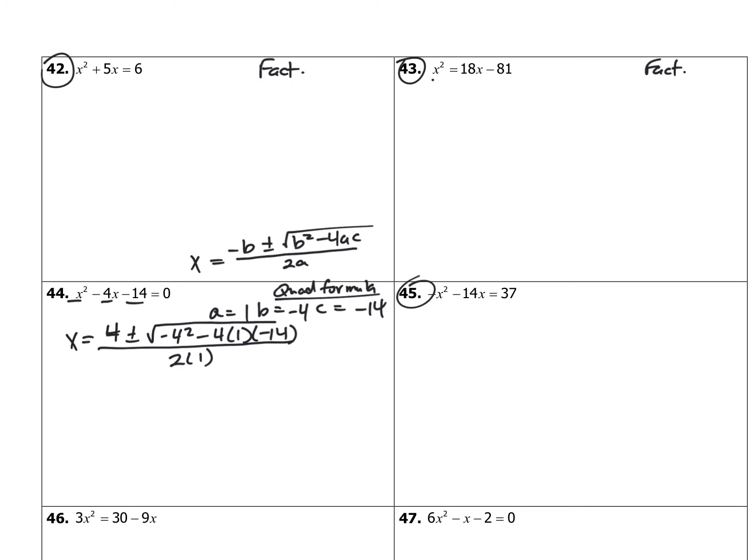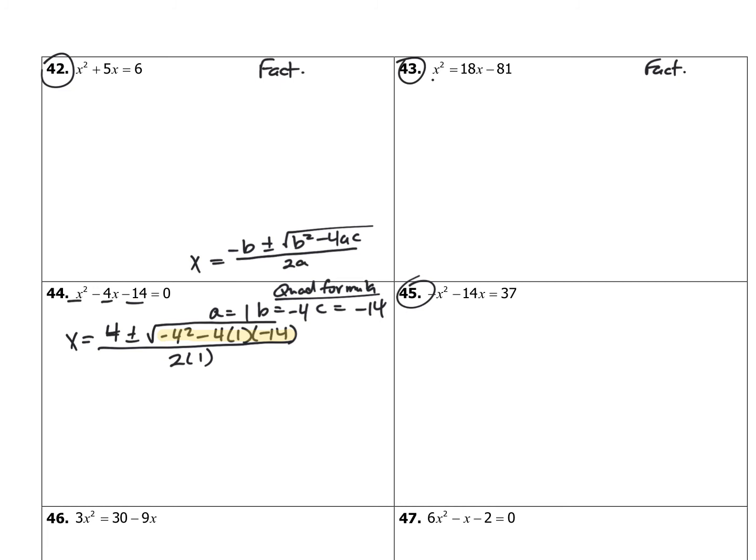And the best thing to do when you're simplifying, because these can be just really overwhelming for people, is to always simplify the discriminant first. The discriminant tells us how many solutions it will have, and if it's greater than 0, it has 2. If it's equal to 0, it has 1. If it's less than 0, it has none. So we'll do that part first, and you can do that in your calculator.